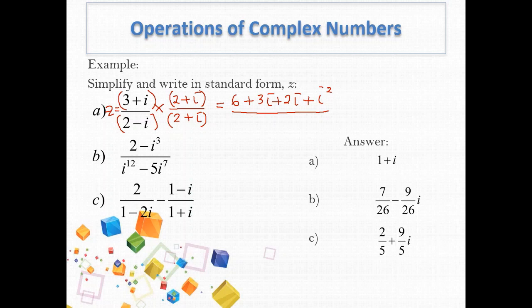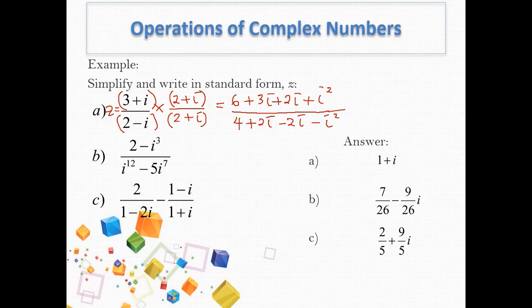2 times 2 is 4. 2 times i is 2i. Negative i times 2 is negative 2i. Negative i multiplied with i gives negative i squared.